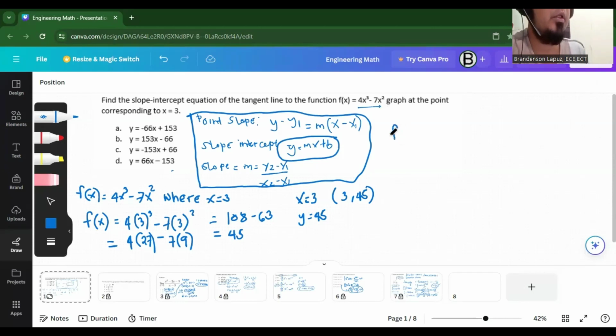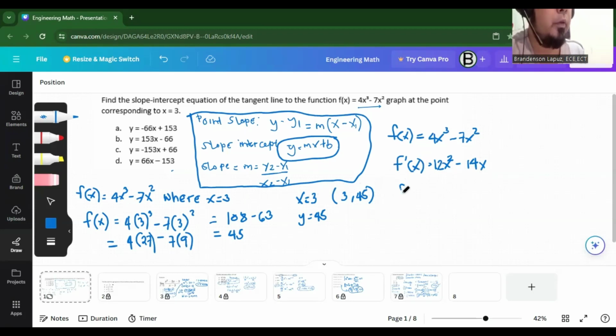So we will rewrite it again as function of x equal to 4x cubed minus 7x squared. So f prime of x equal to 12x squared minus 14x. So we substitute the value of 3 here.